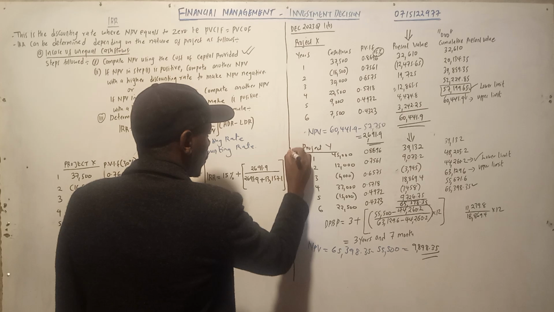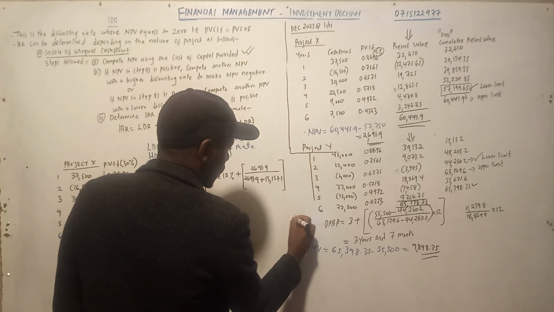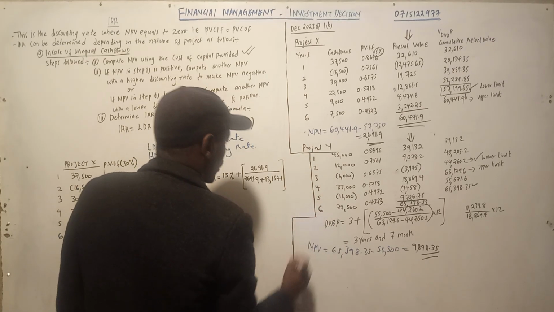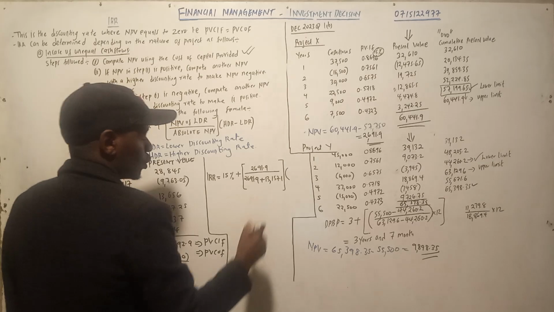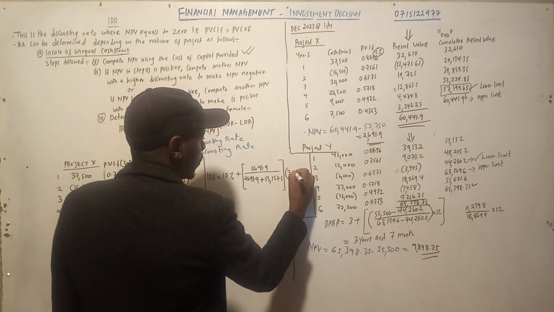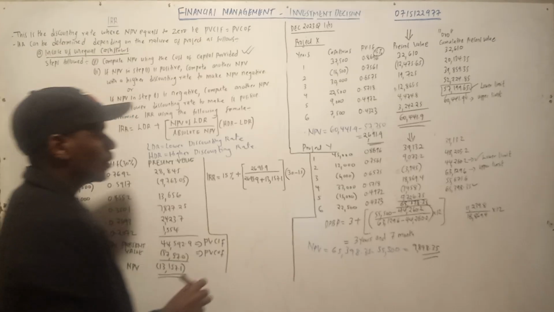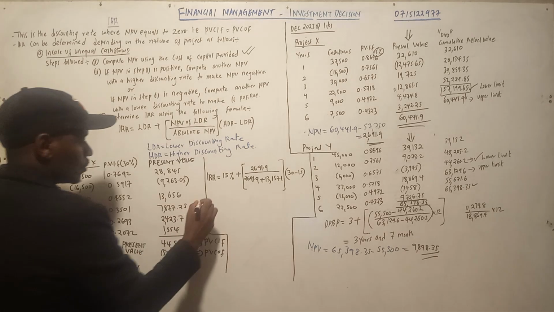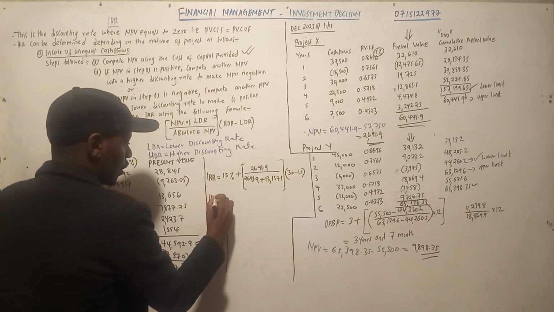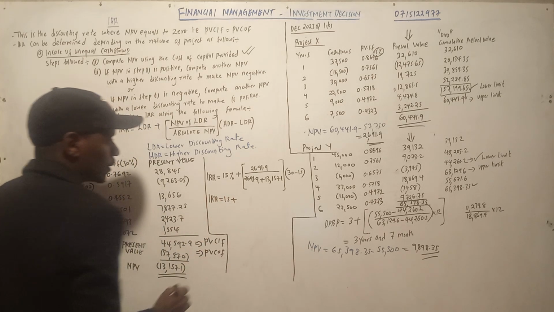Then ukishafika hapo, you find the difference between the higher rate. So 30 minus 15. So let us do it. IRR is equal to 15 plus.